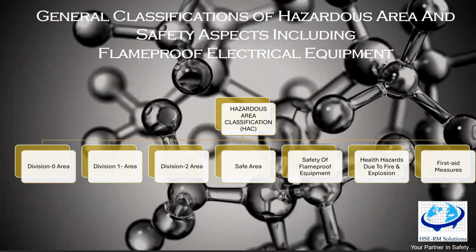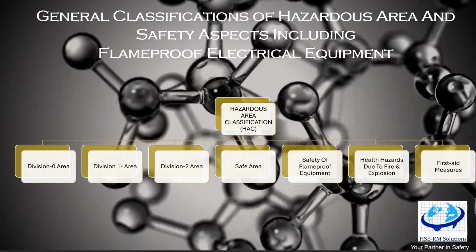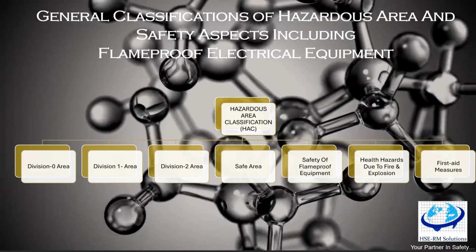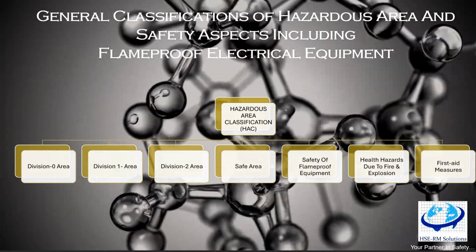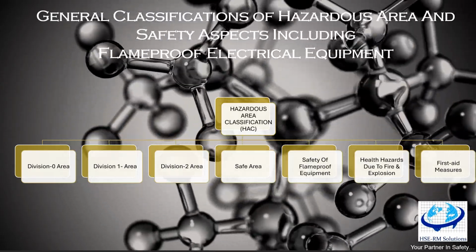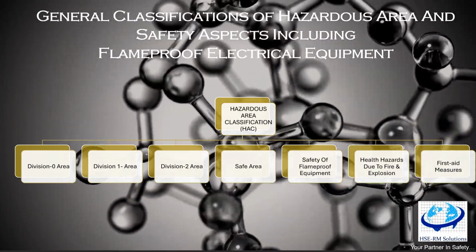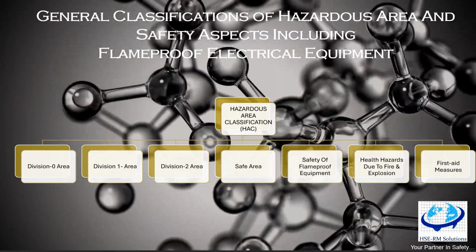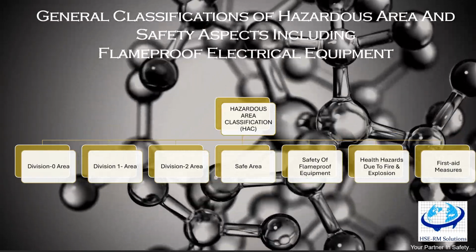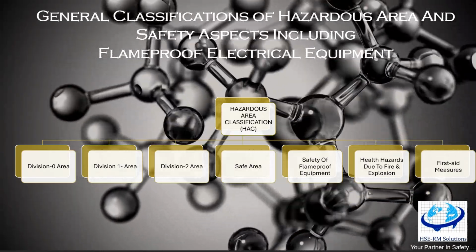This classification is applied to areas in which hazardous atmosphere is likely to occur at any time and which therefore require the fullest practicable measure to prevent the occurrence of hazardous electrical condition at any time and in any circumstance. Recommended types of electrical apparatus and wiring for use in zone 1 or division 1 area are given under IS 5571.